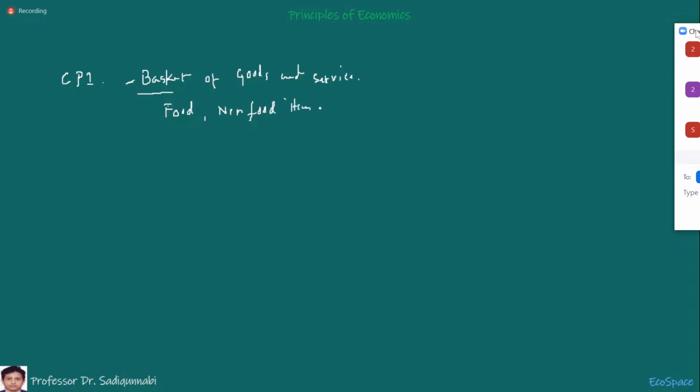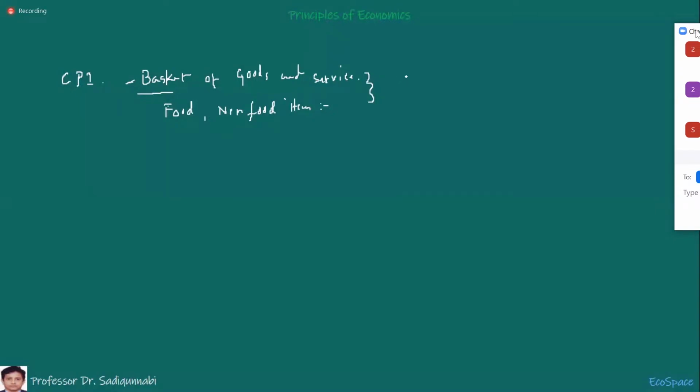And if we take the average price of that, of course this average should be a weighted average. So how can we calculate CPI? The calculation of CPI is like this.